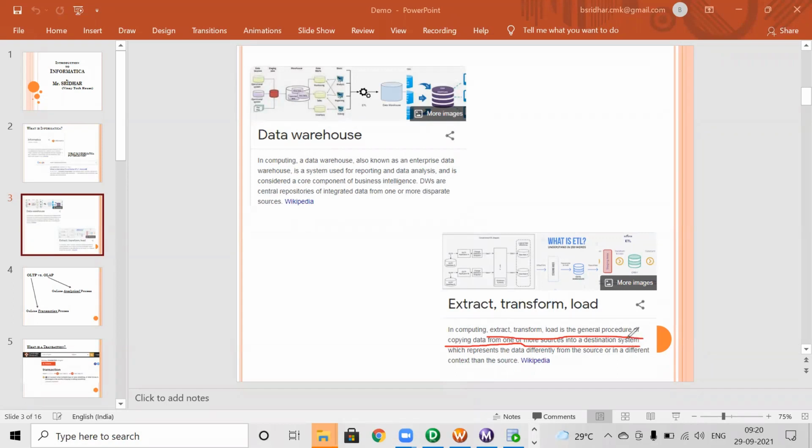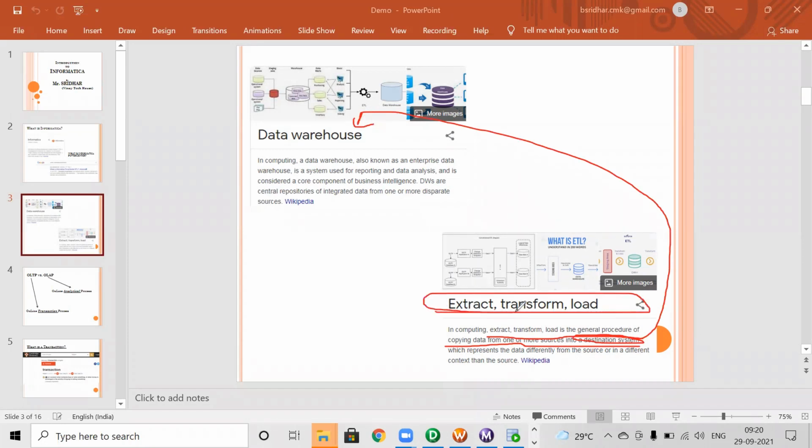Here I could say your destination system is going to be your data warehouse in the majority of cases. So we are going to use this ETL process, extract, transform, and load, simply called ETL. This process is performed to build a data warehouse. And what will the data warehouse do? It is going to help in business intelligence. Clear? Any questions so far?